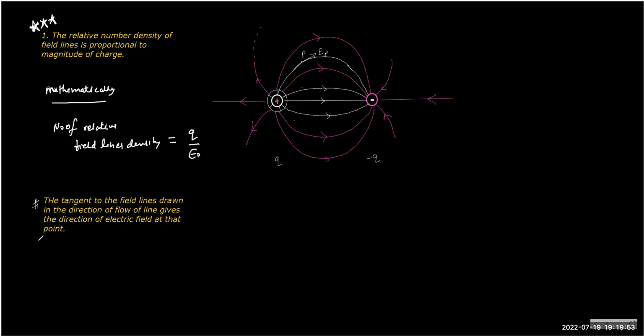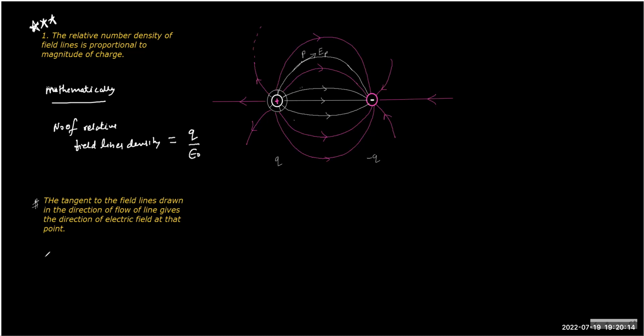Individually, we know the answer, radially outward and inward. But the moment they come close to each other, they are not isolated. Now they are connected. So the moment you have the source and sink, the lines of force will have a different flow.